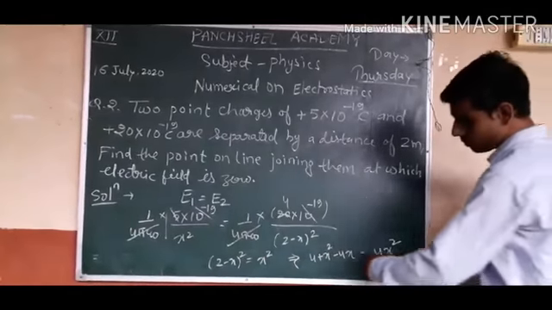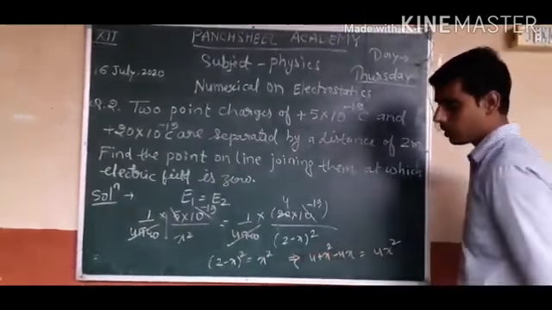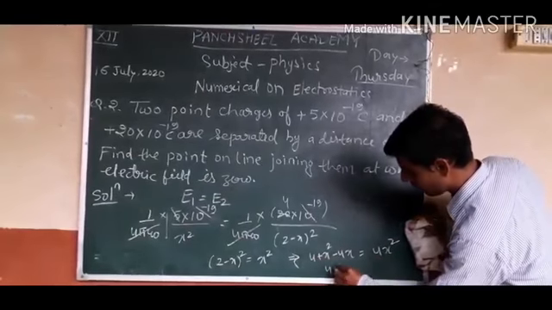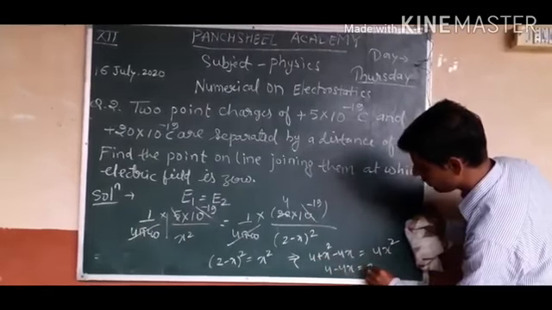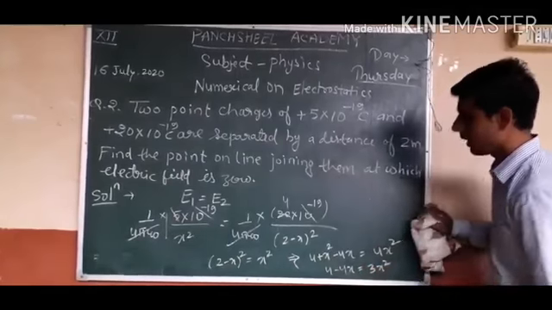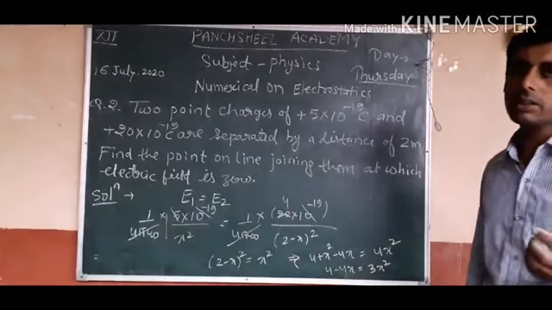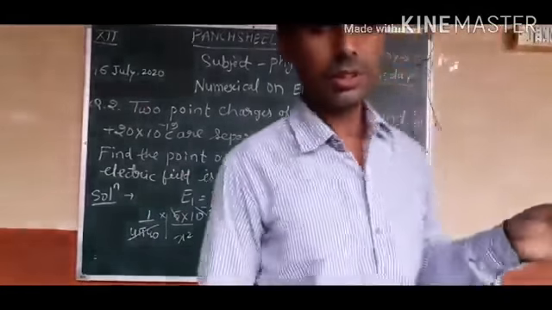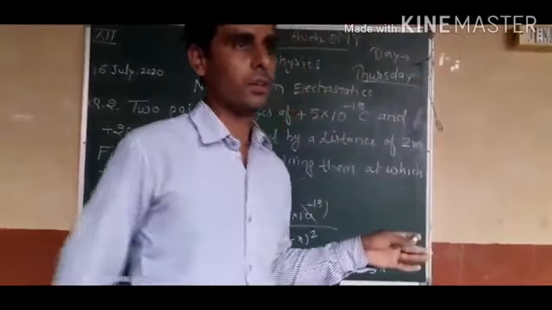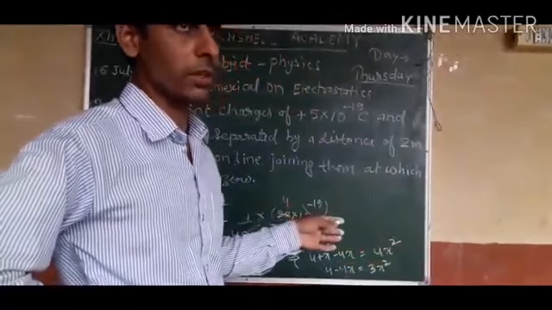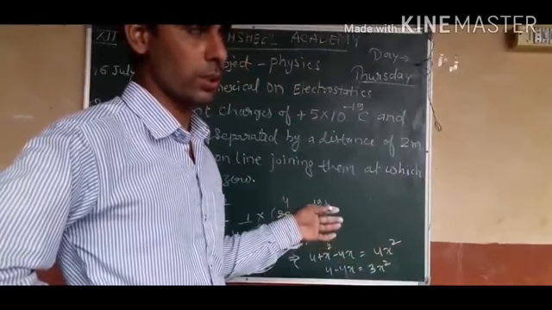So if you solve this, how to solve? Because this is a quadratic equation, you will get two answers of this equation. Why will you get these two answers? Because a quadratic equation has two roots.